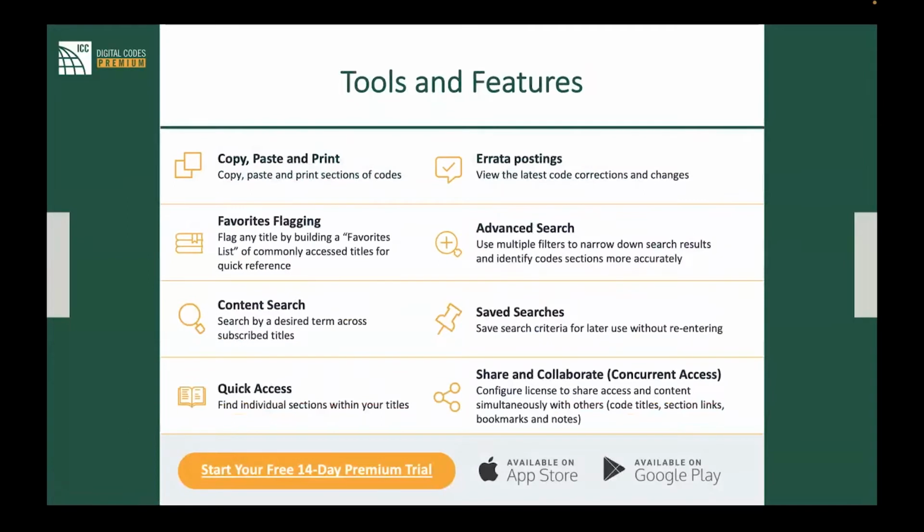One of the features people also like to have with this is you have the ability to copy and paste sections of the codes if you need to share those in specific situations. And then, of course, with it being digitized, all the search features and advanced search functionality is able to be accessed quickly and easily.